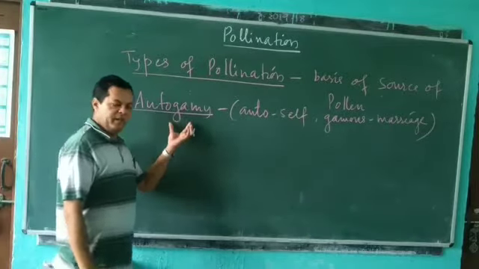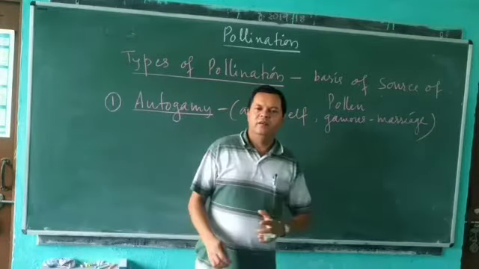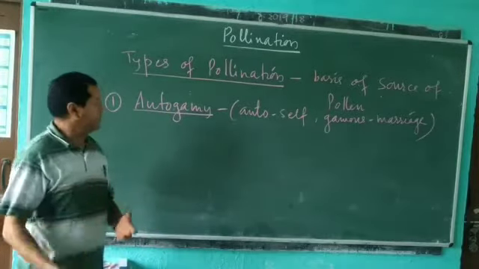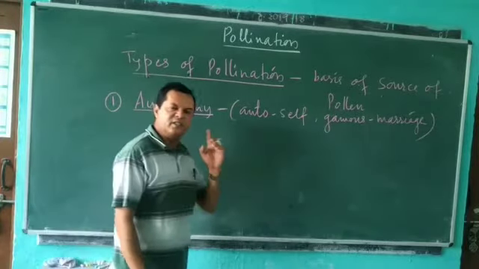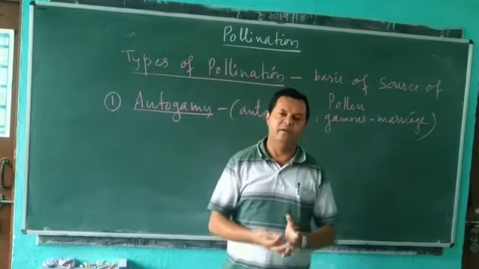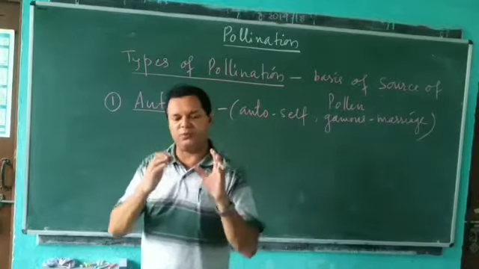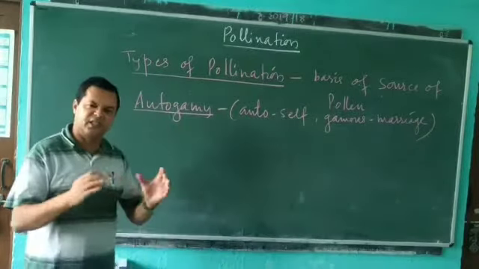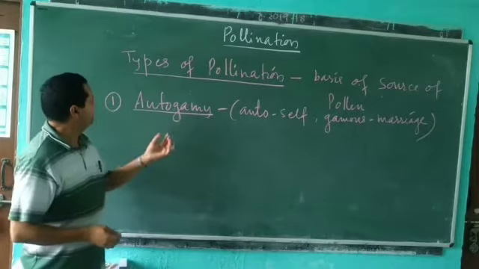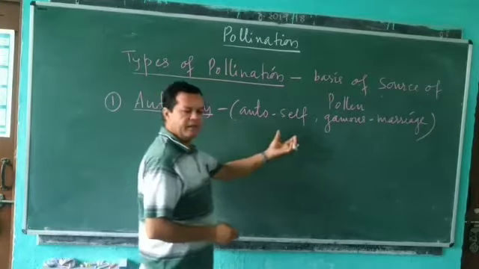So autogamy: when the transfer of pollen grains from anther to the stigma occurs within the same flower, it is known as autogamy.